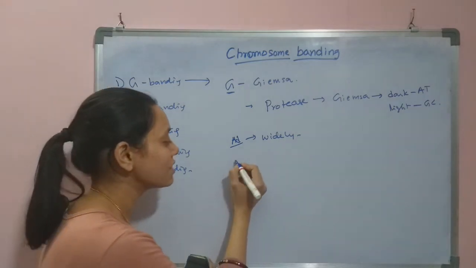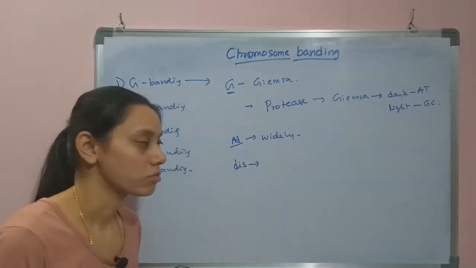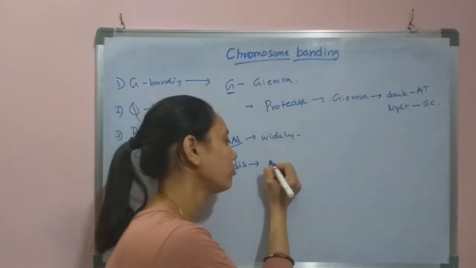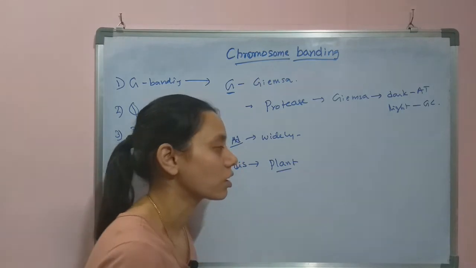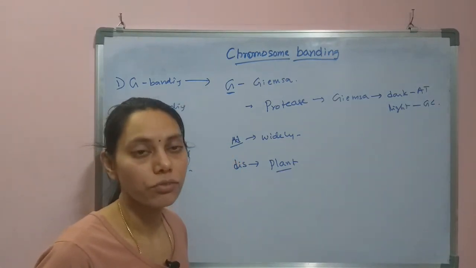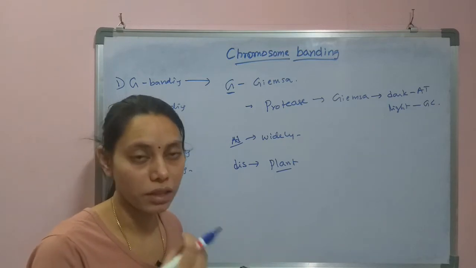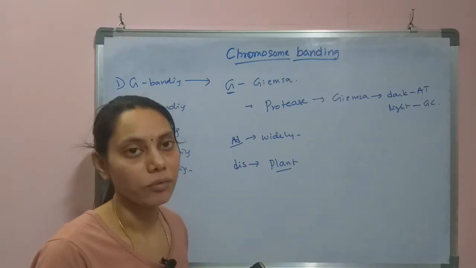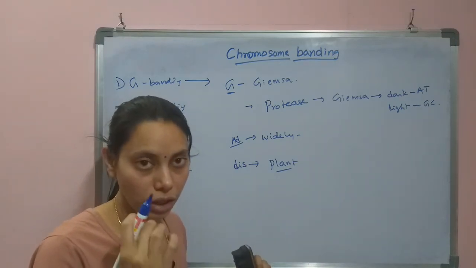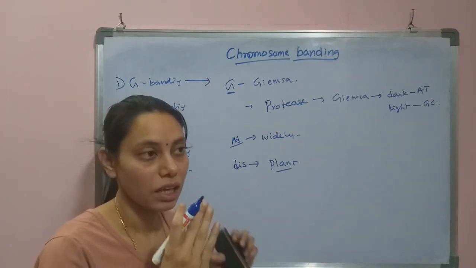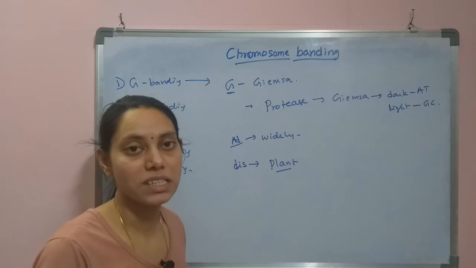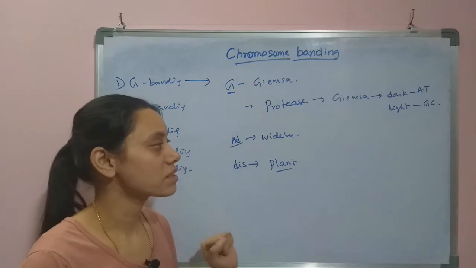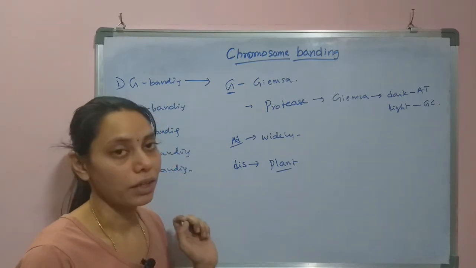The disadvantage of this method is that it is not suitable for plant chromosomes, because the length of plant mitotic chromosomes at metaphase is not suitable for G banding. G banding cannot distinguish AT and GC rich regions in such short chromosomes. This is the major disadvantage of the G banding technique.